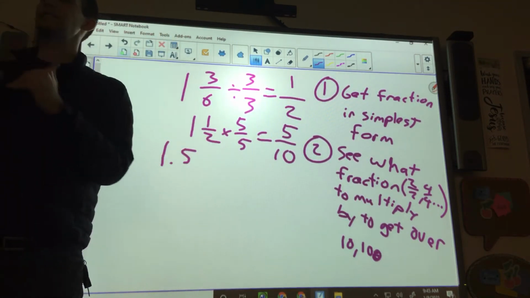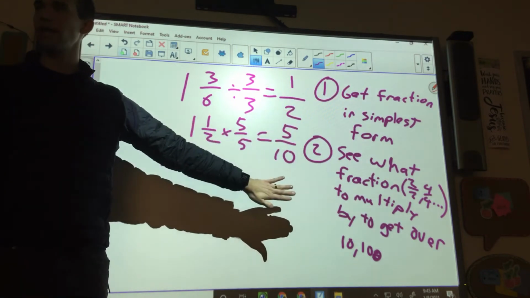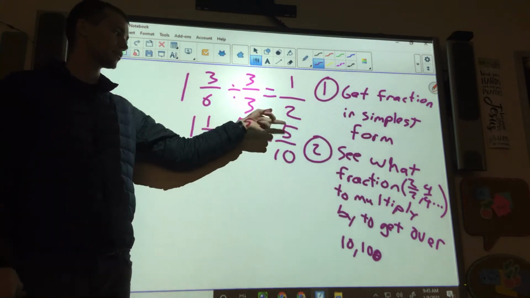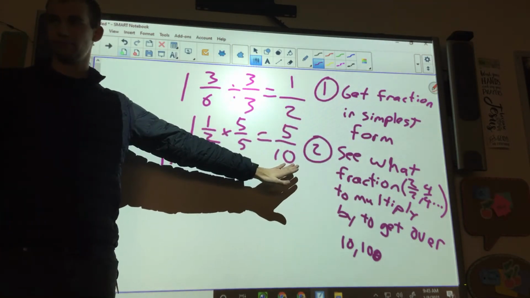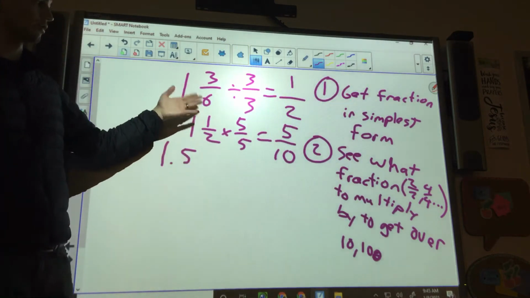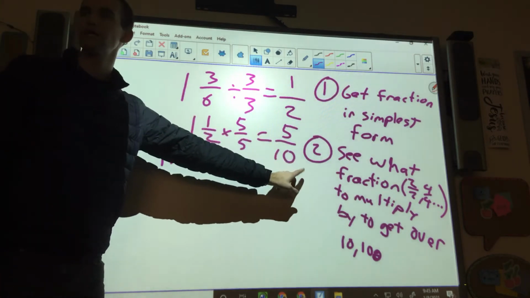Over means on top of 10. So this is 5 over 10. You want the top number to be on top of a 10. To get this, whatever number up here is over 10 on the bottom.